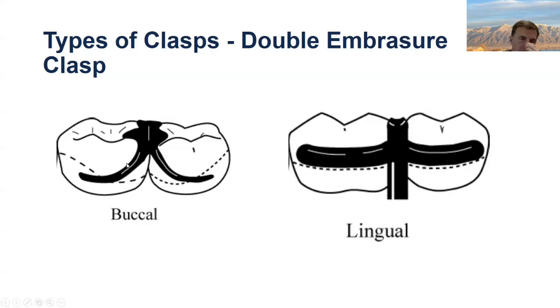Usually the undercut isn't as big a deal. We can sometimes do a back action if we don't have a lot of retention on the buccal. There's usually some on the lingual that we can get a hold of. Again, these things are ginormous, so we want to make sure we keep them in the back of the mouth. But once you have one of these, you pretty much have one side of the whole case kind of tacked down. And now you can just focus on the other side, getting it where it needs to be.